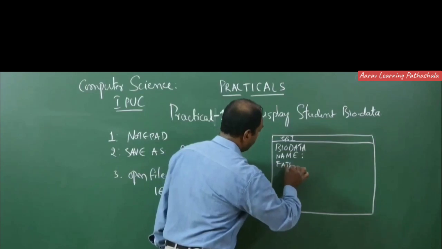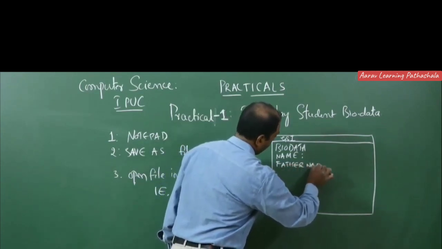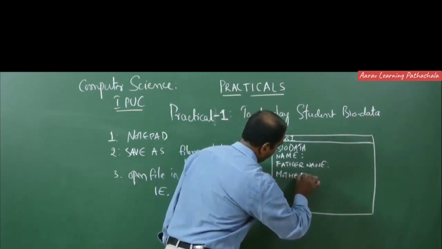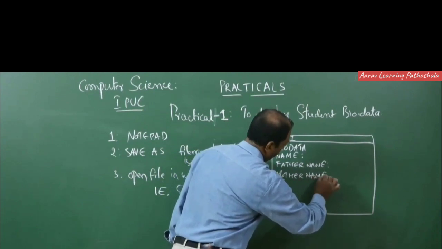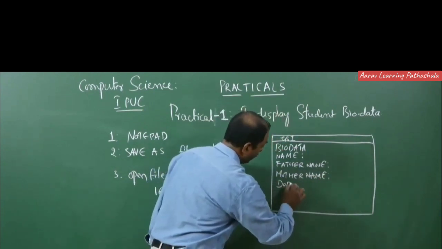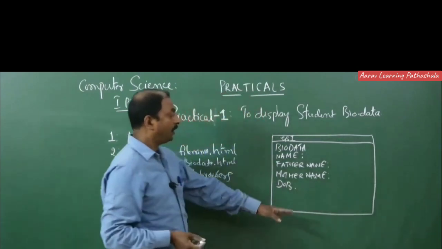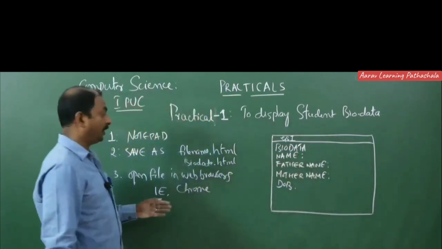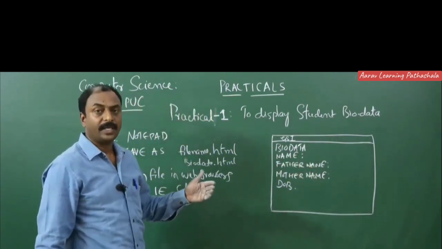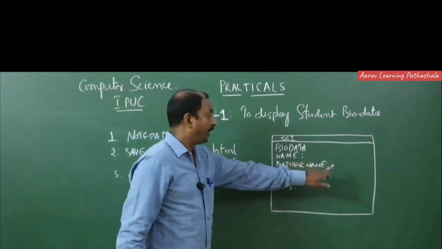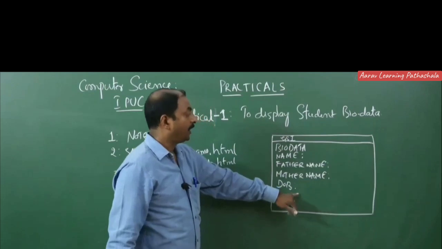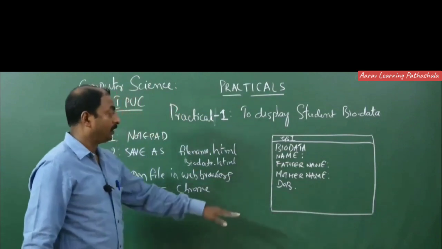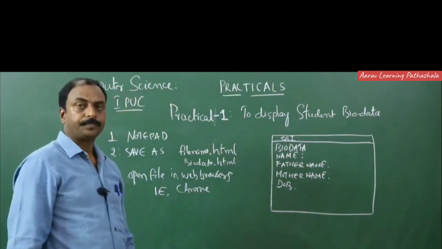Next, father name, mother name, and date of birth. So here will be the output, and the name, whatever name you have entered in the program inside the body tag, those name, father's name, mother name, and date of birth will appear as output. So this is how to execute an HTML program.